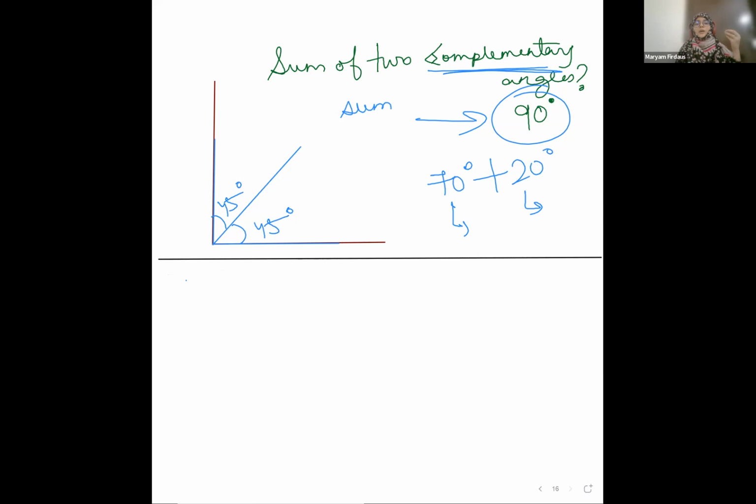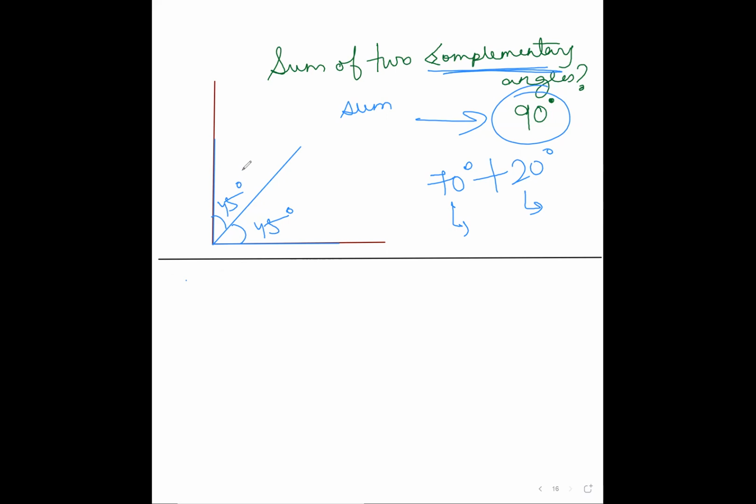That means complementary to each other. They've just written it in a different way. Can two acute angles be complement to each other?